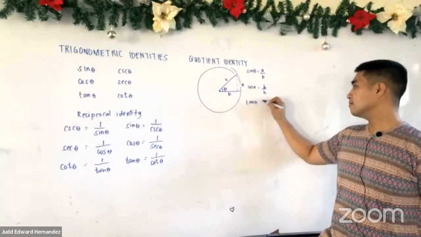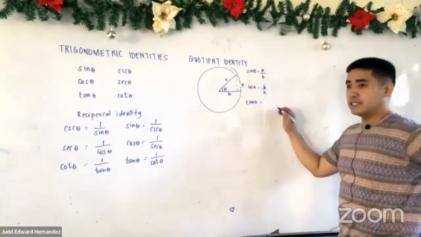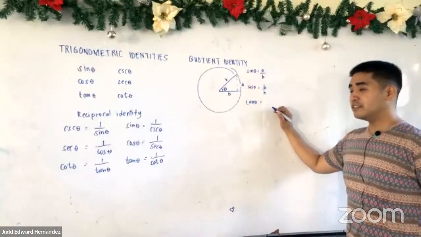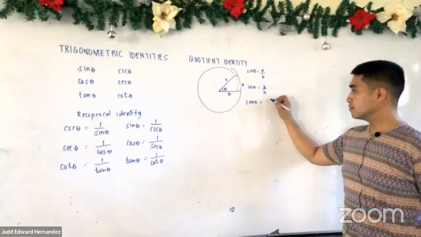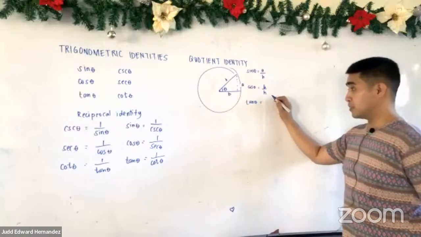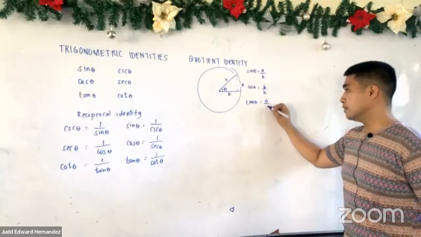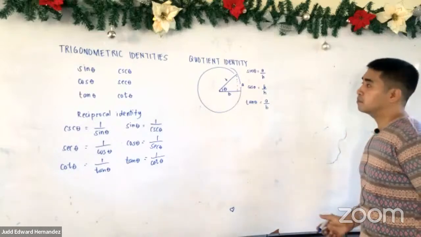Tangent theta, ilan po yung tangent theta natin? Opposite over adjacent. So what is the opposite side? A over B. Okay.